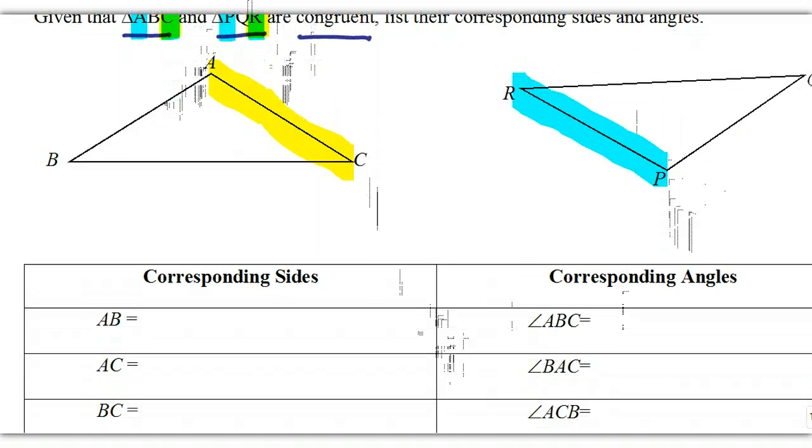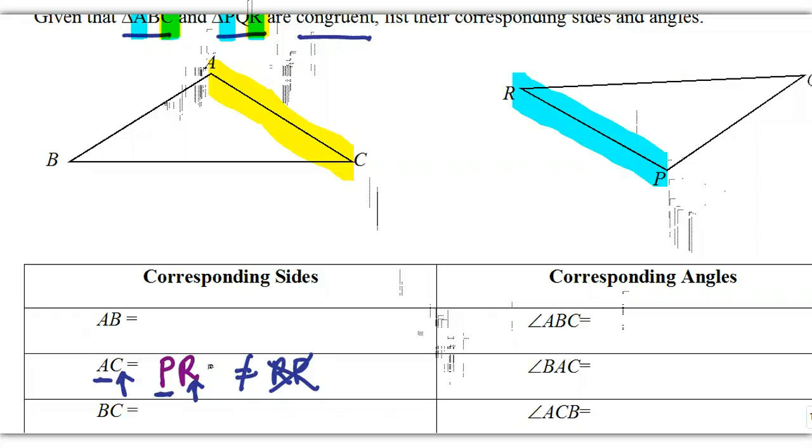Okay, and I can actually write it down here. I have AC, so I know AC corresponds to PR. And the order is very important now. You cannot write RP, because RP is not of the correct order. So you have to follow A corresponds to P and C corresponds to R.